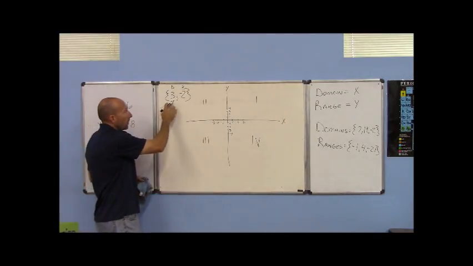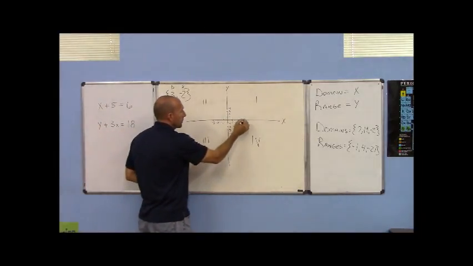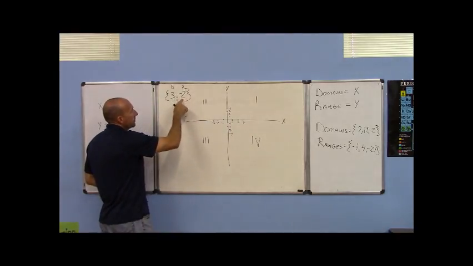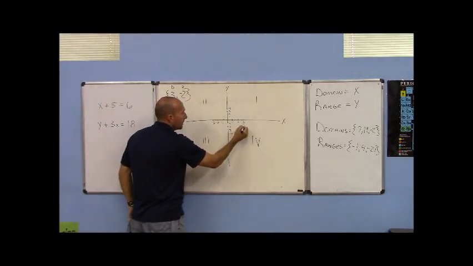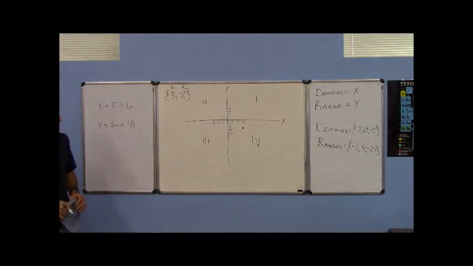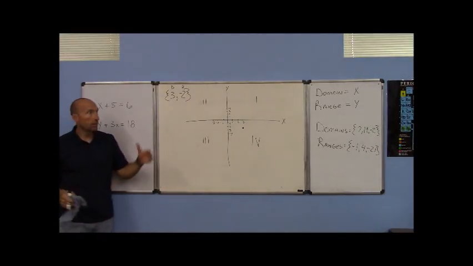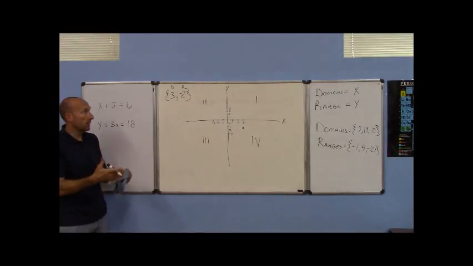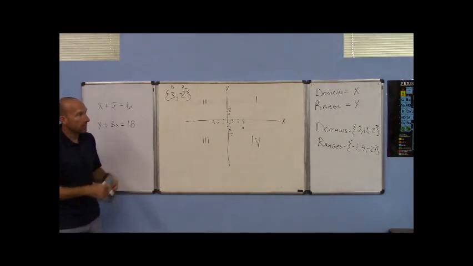So we go +3, 1, 2, 3 on the x-axis, and then -2, 1, 2 on the y-axis, and we plot our point right there. And that's how we're able to plot one point that we were given for our domain and our range, or our x and our y.